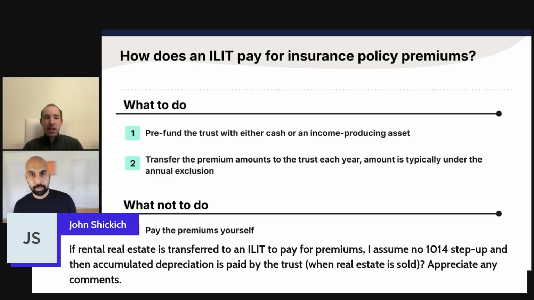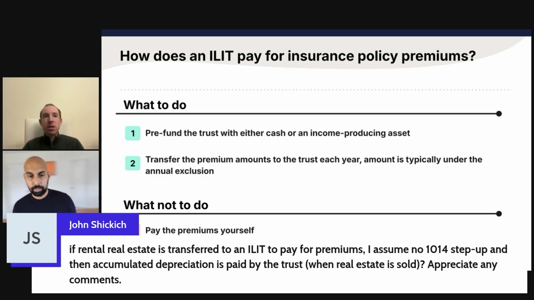One thing you can do is, let's say you transferred real estate to an ILIT 10 years ago, and now it's really appreciated. And you think, what if I die? I'm not going to get a basis step up on the real estate. What you can do is swap it out for a different asset. Essentially, you buy back the real estate from the trust in return for something of equal value.